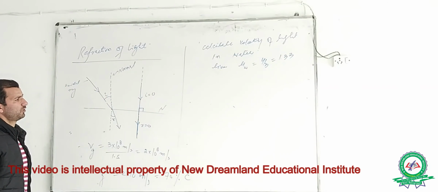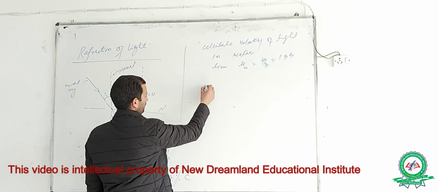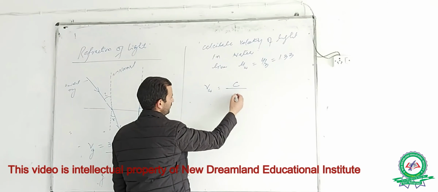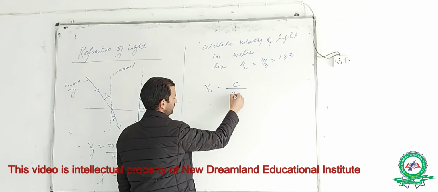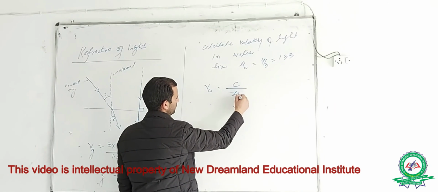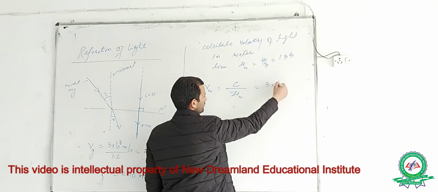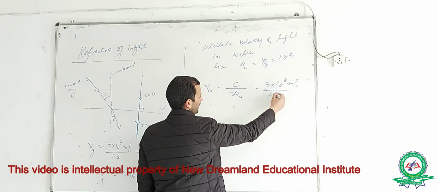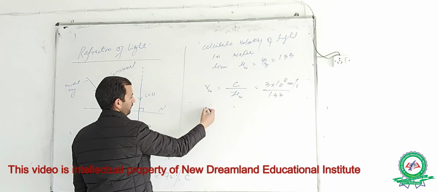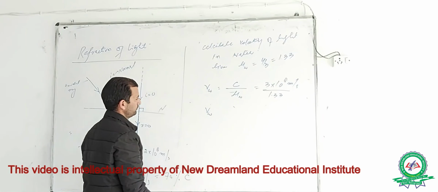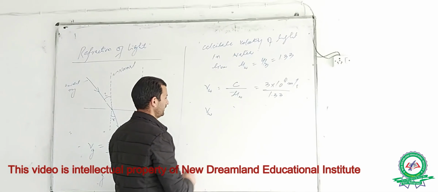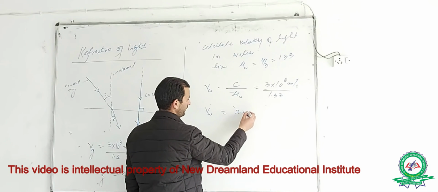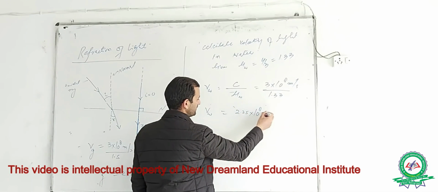Now, velocity of light in water will be the velocity of light in vacuum divided by the refractive index of water, mu w. So it's 3 into 10 raised to power 8 meter per second divided by 1.33. Or we can write the velocity of light in water as 3 divided by 1.33, which is almost 2.25 into 10 raised to power 8 meter per second.